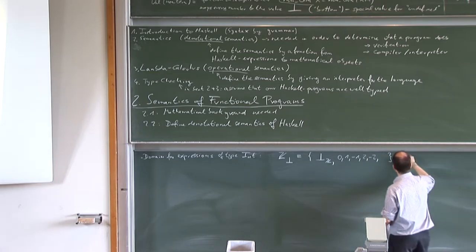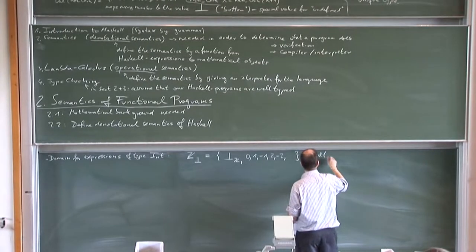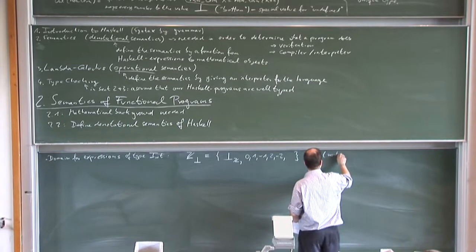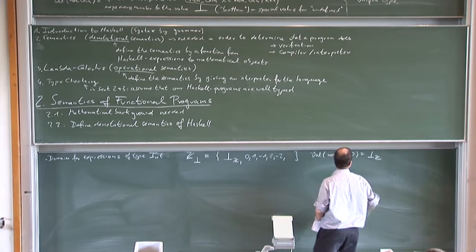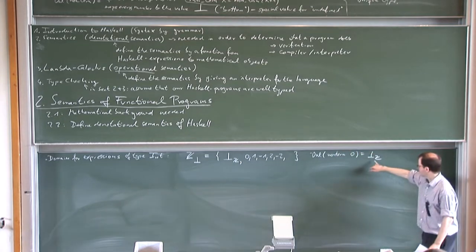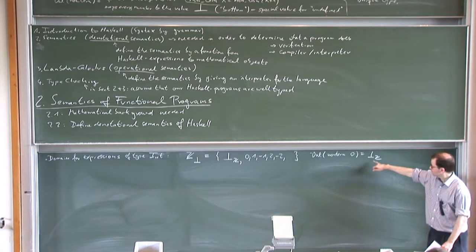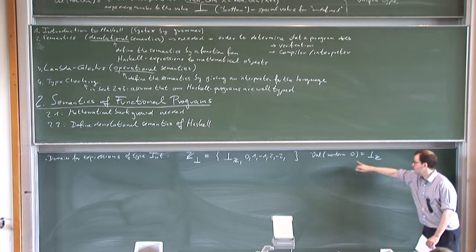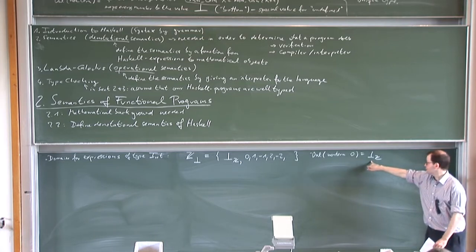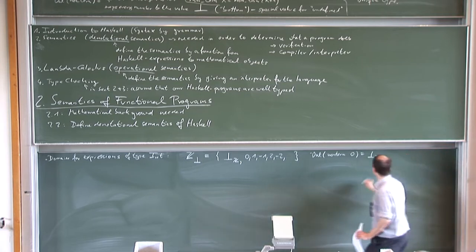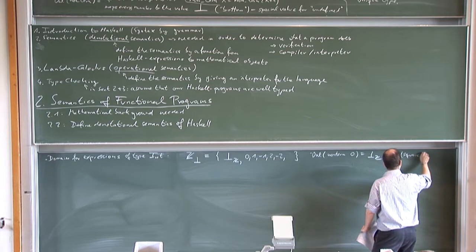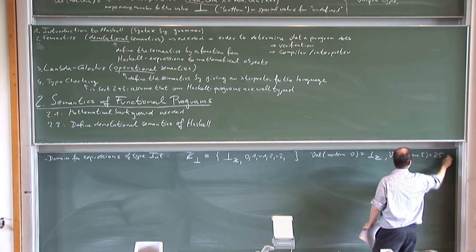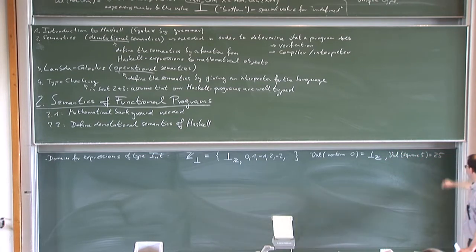And then indeed, the value of non-term 0 would be this. It would be in this domain, because this is an expression of type int, but it's undefined, so it should be this. The value of square 5, on the other hand, should be the number 25. This is really the integer 25.